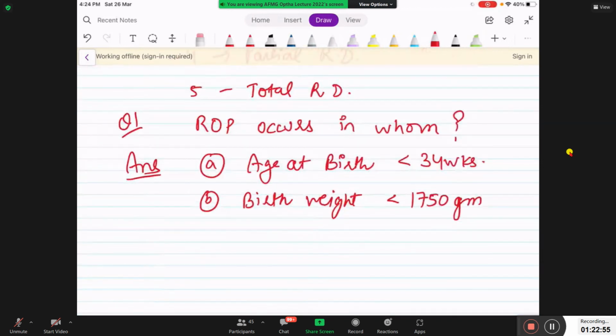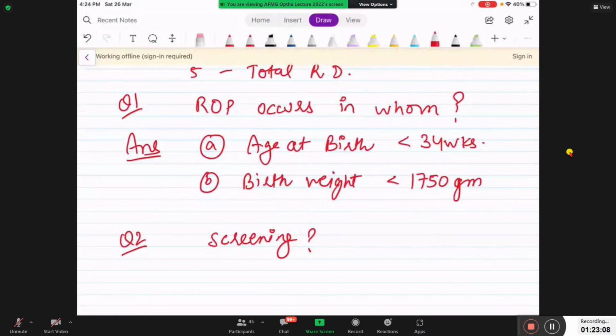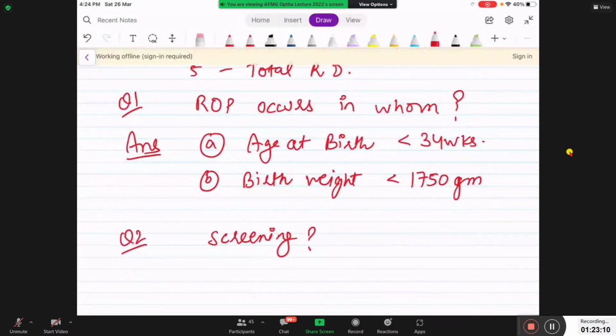Second question: screening. Which babies should be screened for ROP? GA is gestational age.